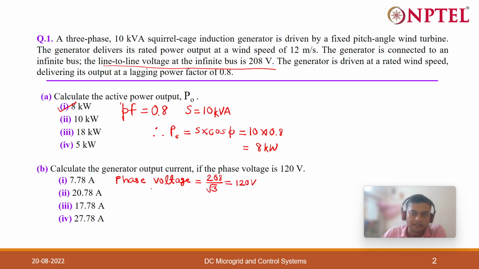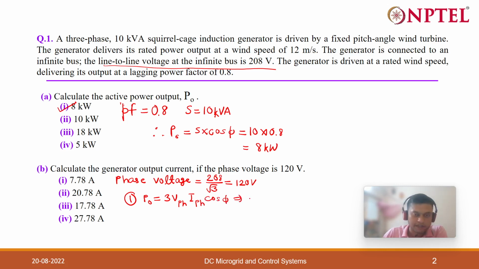There are many ways to find the solution for this question, so you can apply any one of them. Like if you write P naught is equal to 3 V phase I phase cos phi, we have already calculated the P naught.